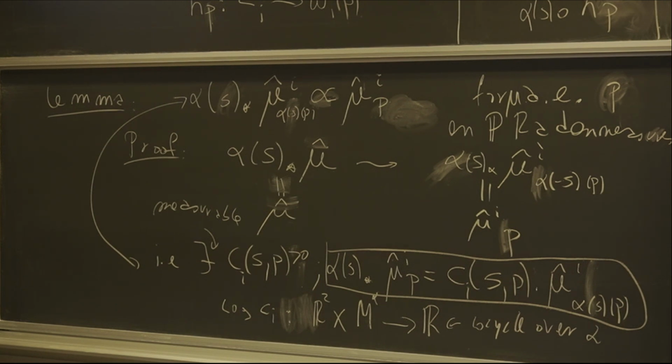So the measure here is mu I alpha S of P, and then the measure I'm having here in the picture is alpha S star of mu I alpha S of P. So this is the natural way the measures are pulled backwards or forward, and well, it happens to be equivalent to this mu hat I of P.